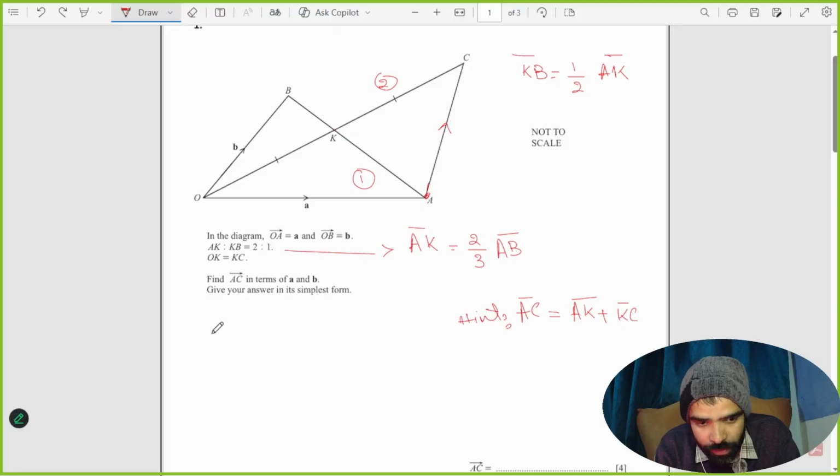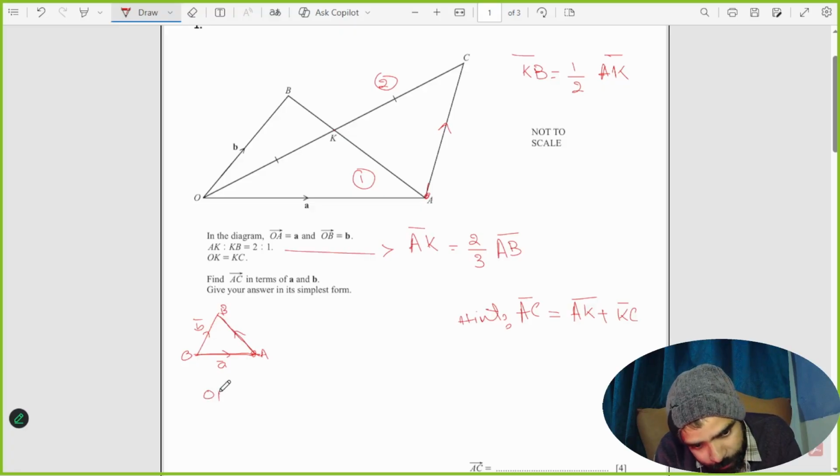To find AB, it's very easy. Let me draw it here separately. You consider the triangle OBA, okay? In that triangle OBA, vector OA is small a, vector OB is small b, and the third vector AB is pointing from A to B. You have to find AB. See which two vectors are drawn such that the head and tail are touching: OA vector and AB vector, their sum will be equal to the third vector OB.